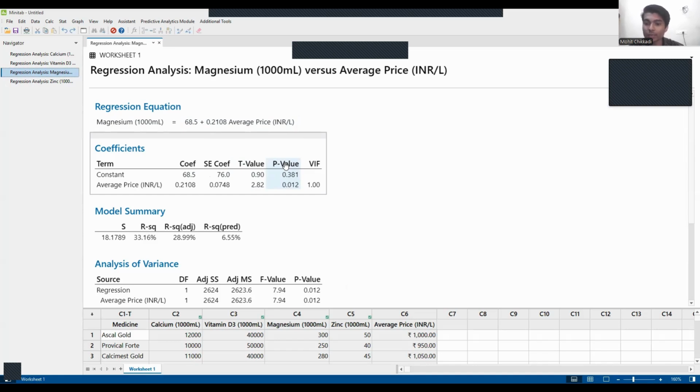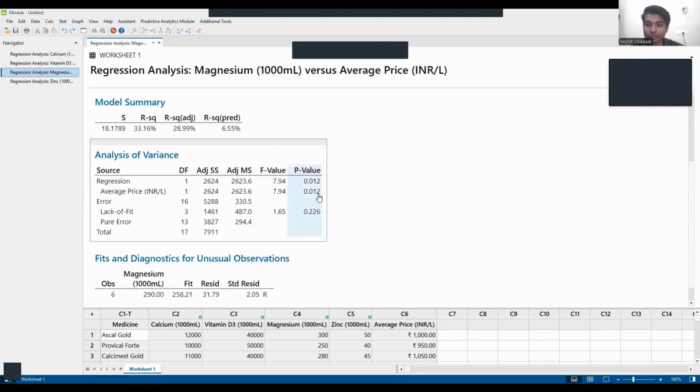Still, about 67 percent of the variance is due to something else other than the price. The p-value is 0.012, as we can see over here. Therefore, the correlation between the average price and the amount of magnesium in the medicine is statistically significant.